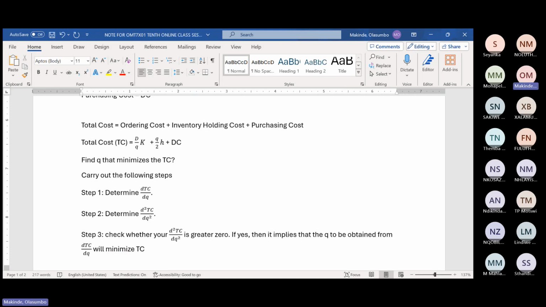This is the total cost. But if it is negative, it means that it will maximize it. And that means that Q will not minimize.